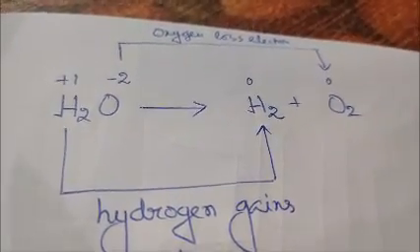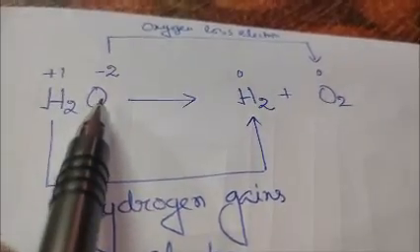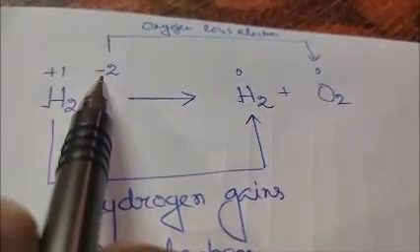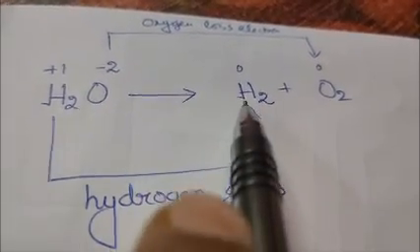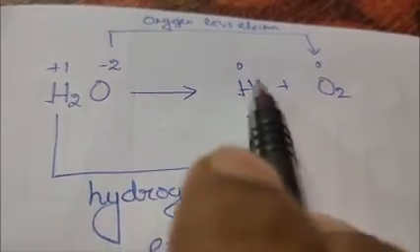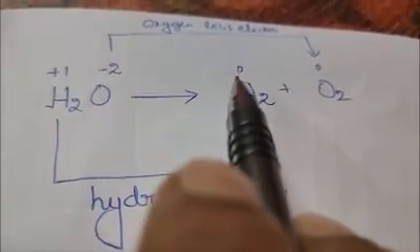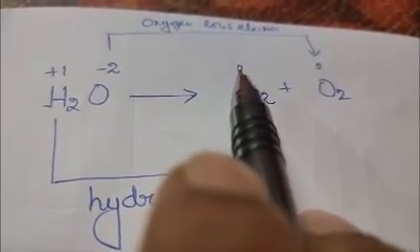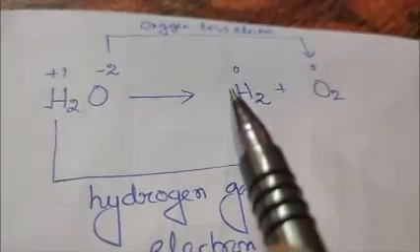Now you see the oxidation number of hydrogen is +1, and of oxygen is -2. After the reaction it is 0, and it is also 0. It means that whenever an element is in its normal or standard form, its oxidation number will be 0. So you see that +1 has been converted to 0.